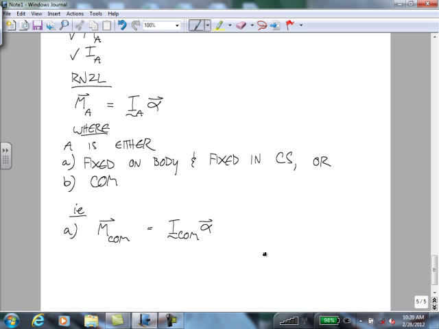Another way to think of this is the moment about the center of mass is equal to the moment of inertia about the center of mass times alpha, always.